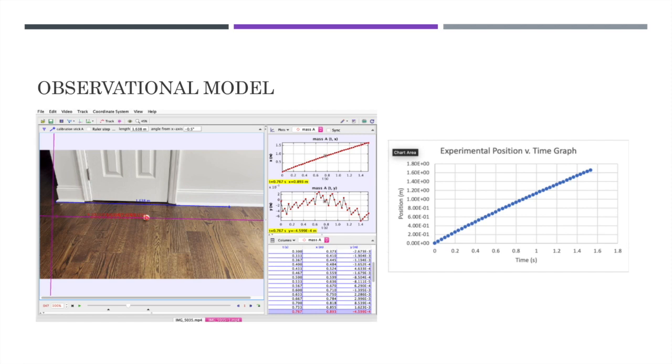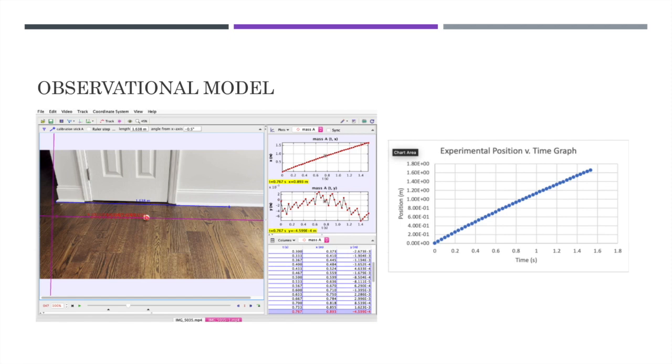It kind of has a little bit of acceleration, as you can see that it curves and bows out, and this is due to the fact that a lot of forces were actually present during the observational model, because there is friction and air resistance. All of this could account for the little bit of acceleration that we see in the graph. Despite this, we're trying to get this to be constant motion, and it just can't because it has too many exterior forces going on.